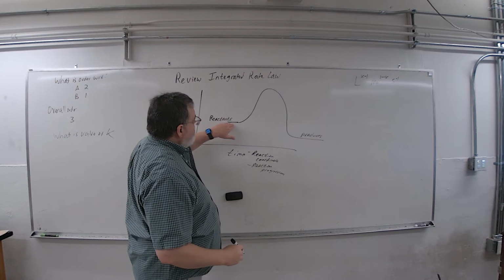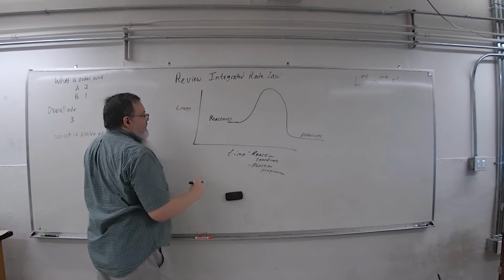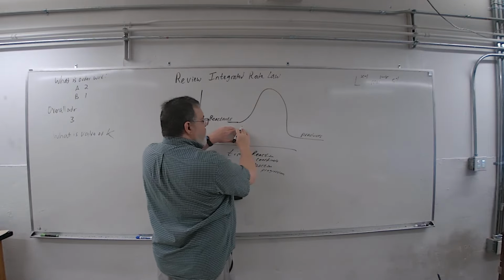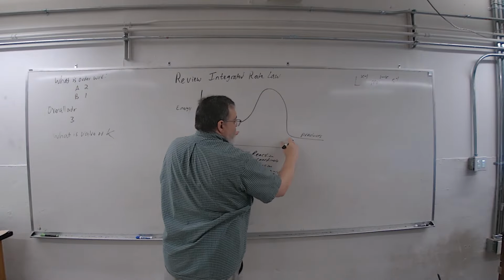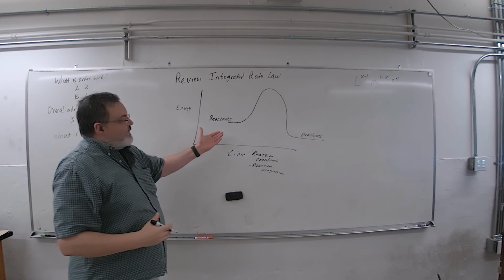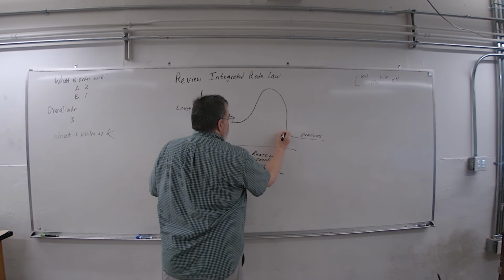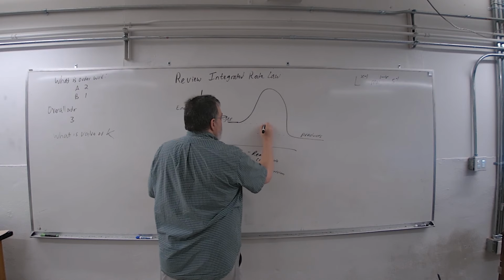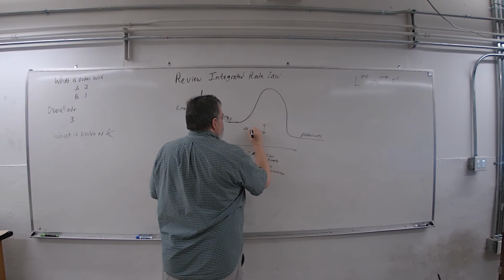Energy going in is breaking bonds, and then energy comes out when bonds form. The difference between the strength of the bonds you're breaking and the strength of the bonds you're forming is this, and that's delta H.